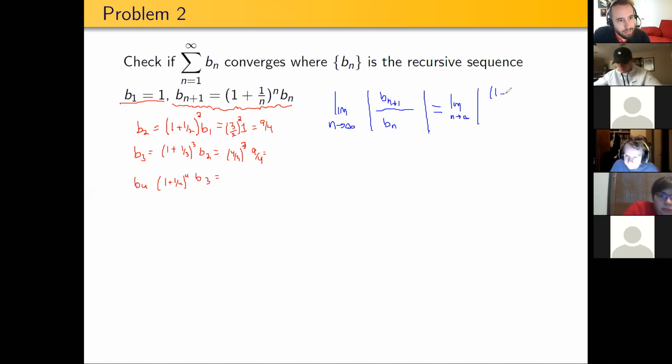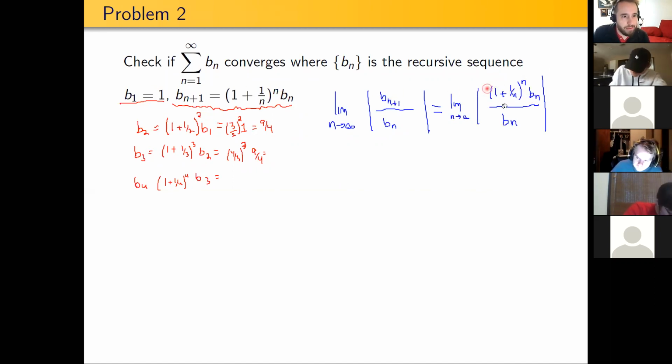Specifically, it's 1 plus 1 over n to the n times b sub n. Right, so I'm using that recursive definition here to nicely rewrite my b sub n plus 1 into something involving b sub n. And that's great, because at this point, we can get that the b sub n's just nicely cancel out.